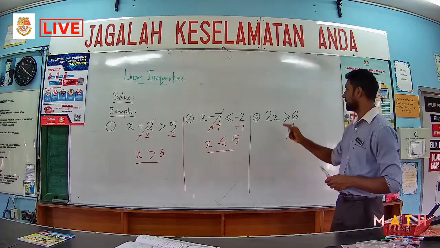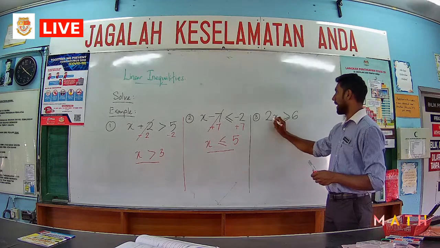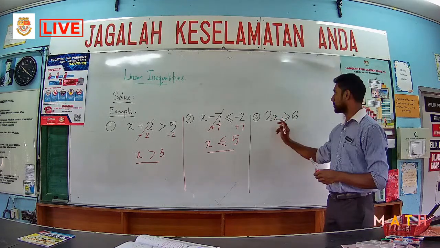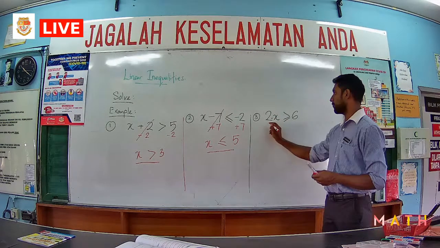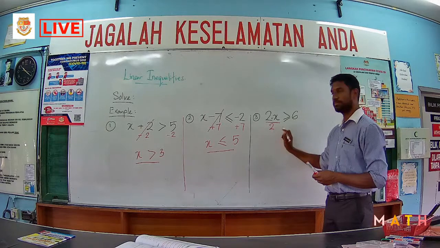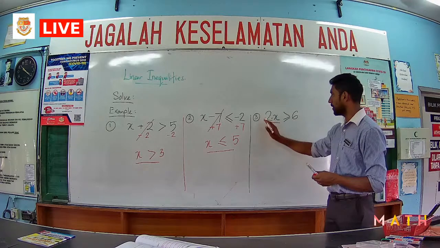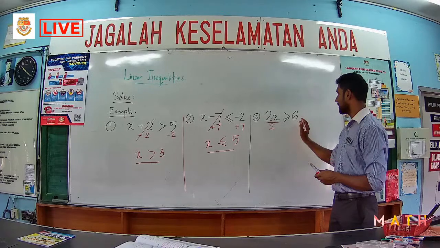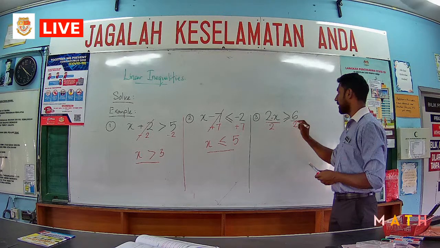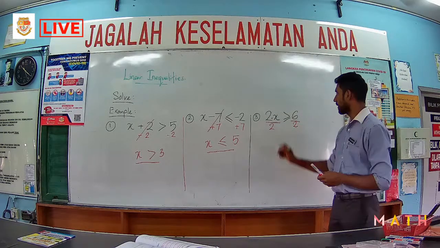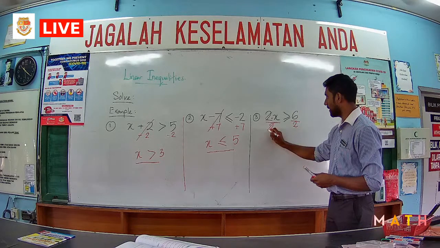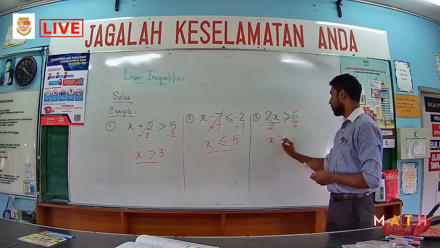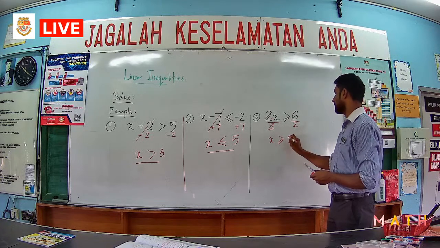Again, remember, 2 times x. If it is times, the opposite will be divide. So if you divide by 2 here, on the other side we need to divide by 2 as well. So the numbers will be eliminated. We have x more than or equal to 3.